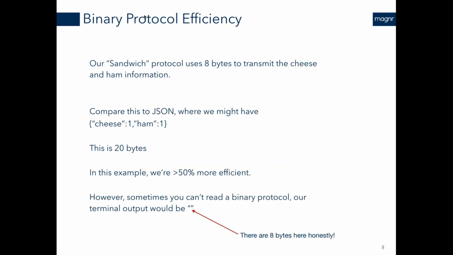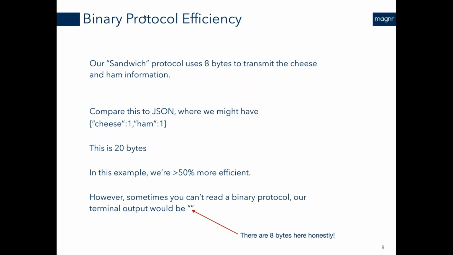So what's binary protocol useful for? Typically it's useful for efficiency. So in the sandwich protocol we just created, I'm using 8 bytes to transmit cheese and ham information. If I compare this to a non-binary protocol, of which a few of you are probably familiar with, such as JSON, I would probably represent it in a slightly different way.